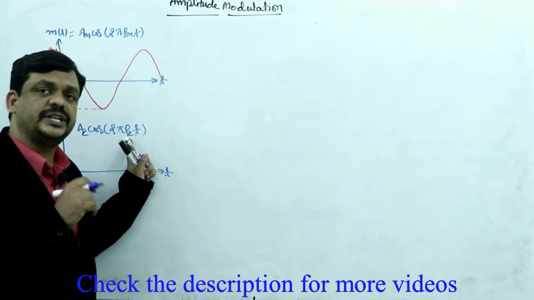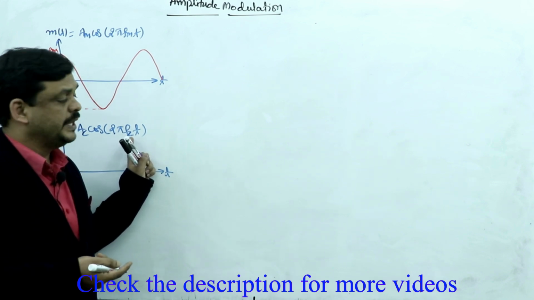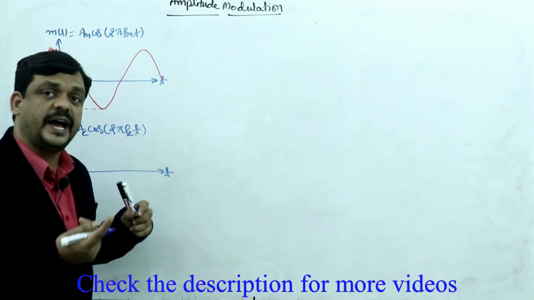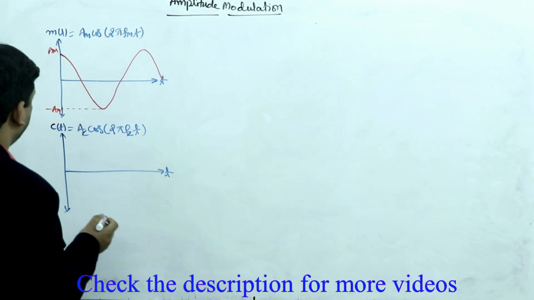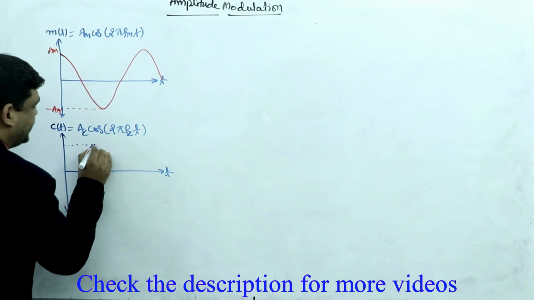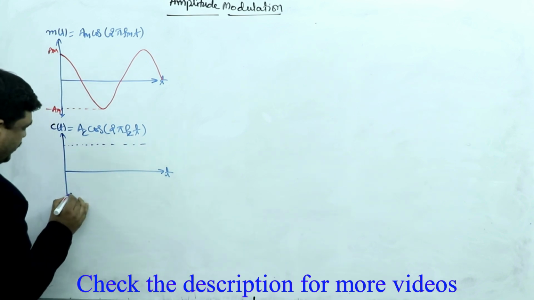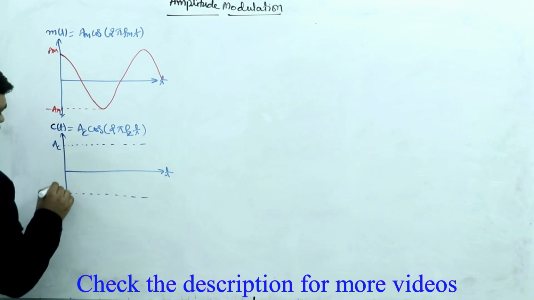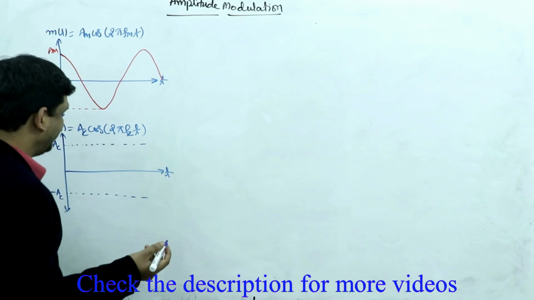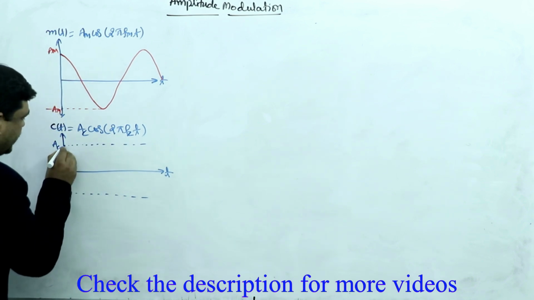So the fc value is high. If the frequency is very high, the time period of the signal should be very small. So that's why here I am drawing the complete carrier signal in between two amplitudes. The maximum amplitude of the carrier signal is Ac, and the negative side maximum amplitude is minus Ac. Now the complete signal is like this here.